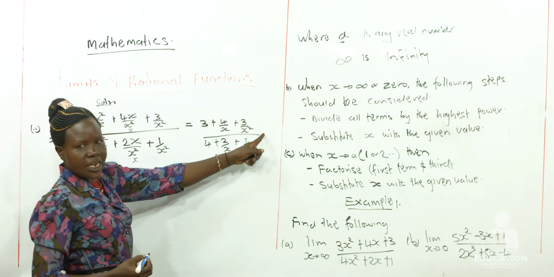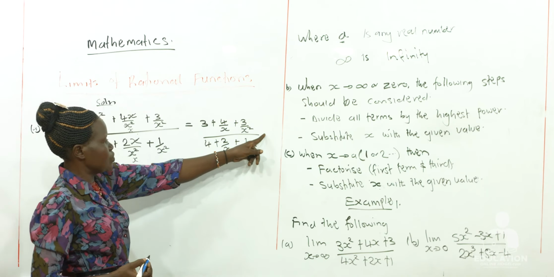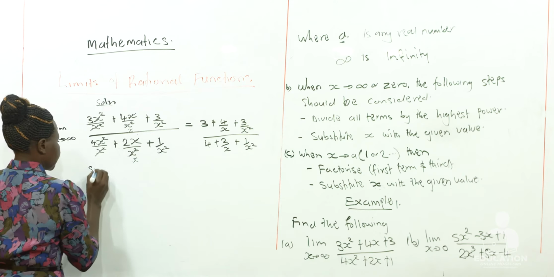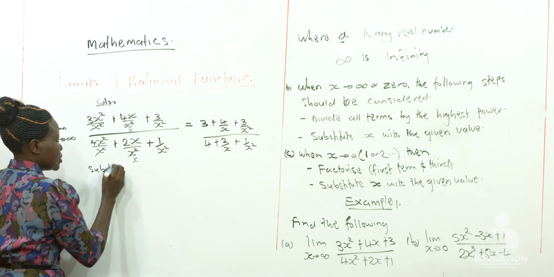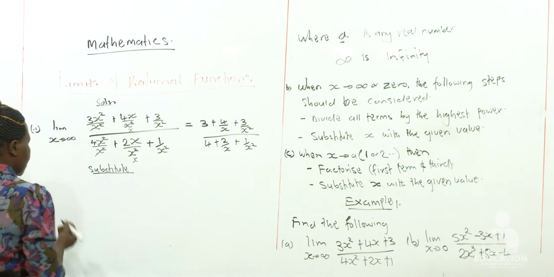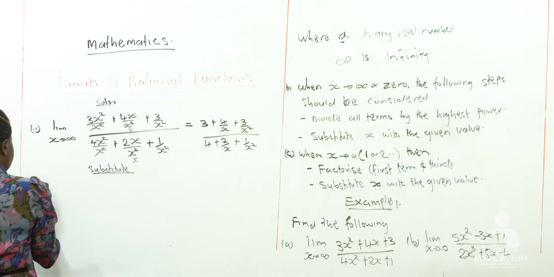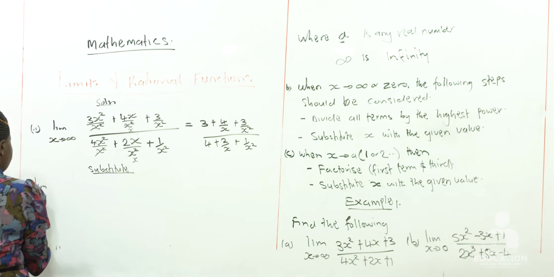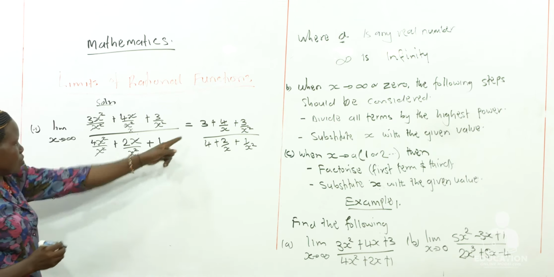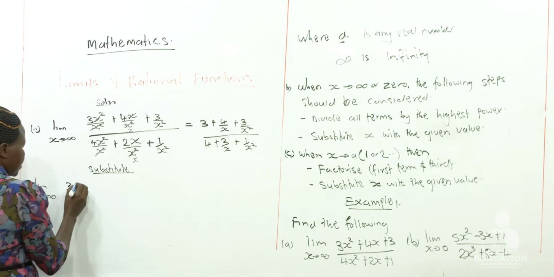So at this level, learners, this is where we are now going to do what? To substitute. So your substitution, you say the limit as x is approaching infinity will now be 3 plus what?